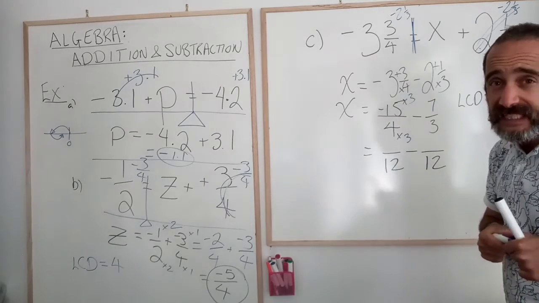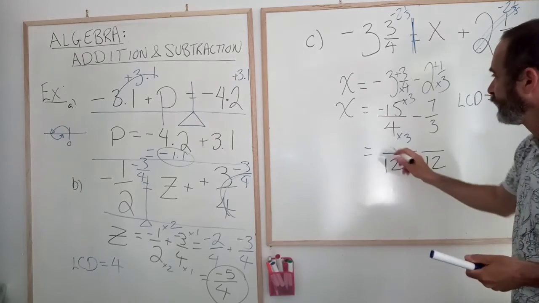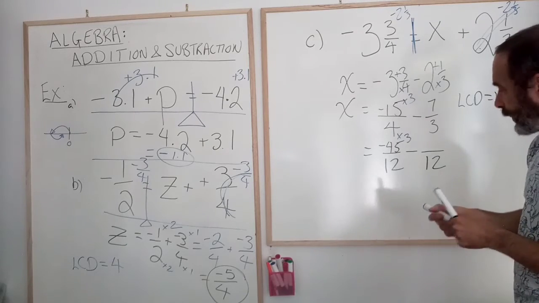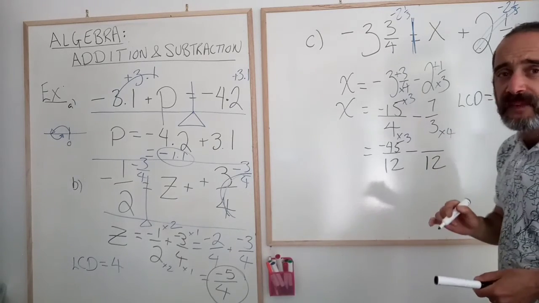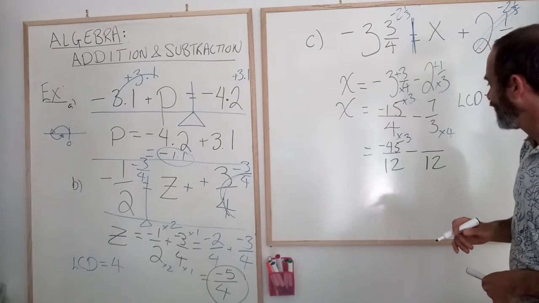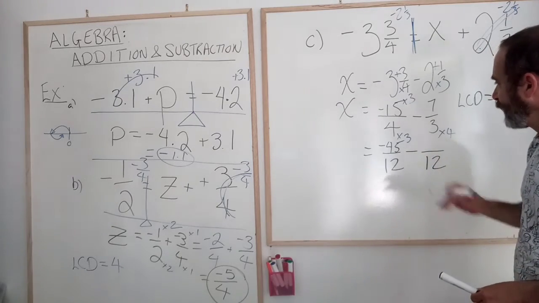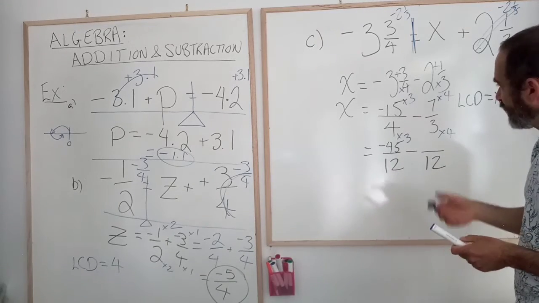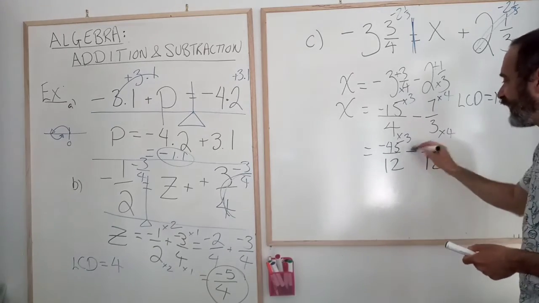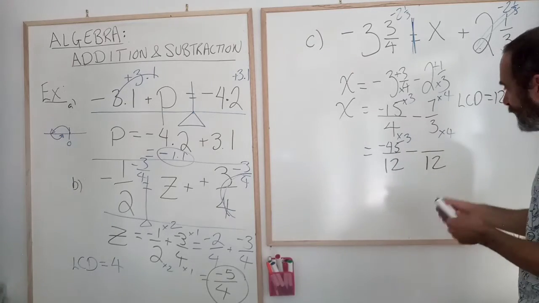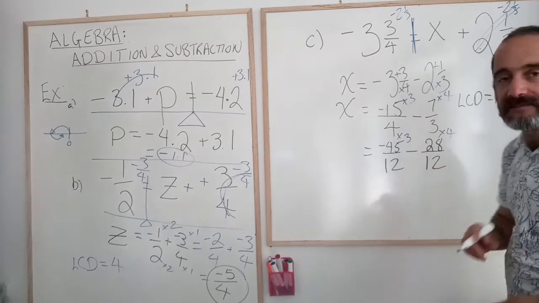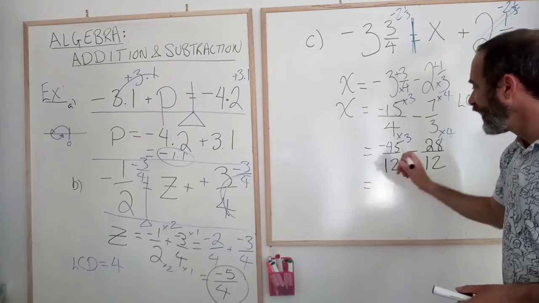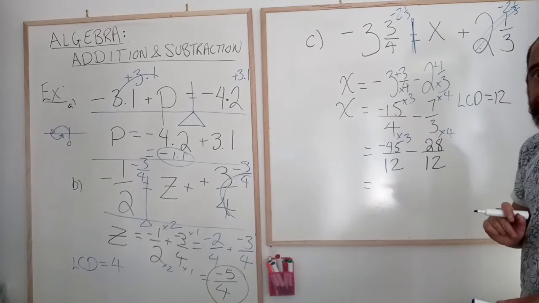So negative 15 times 3 is negative 45. 3 times 4 is 12, right? So I'm multiplying the bottom by 4, so I'm also going to be multiplying the top by 4 as well. Negative 7 times, or 7 times 4, I guess, if I leave the subtraction there. 7 times 4 is 28. Okay? So now I've got the same denominator, and I can more or less do this mathematics now.